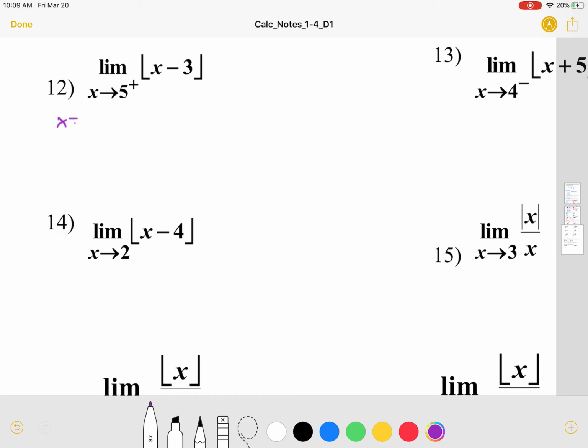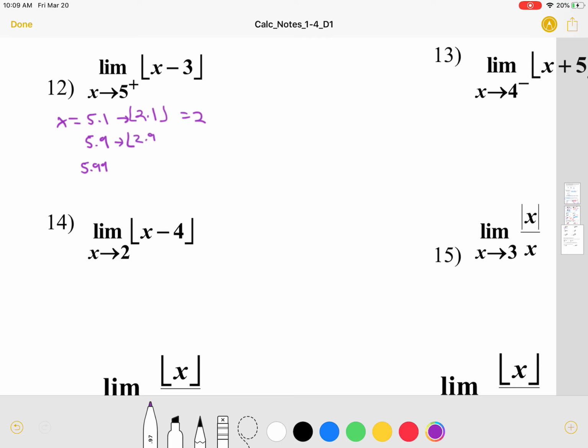Like I make a little table. If we have x equals 5.1, 5.9, 5.99, that means our limit would be 2.1, which equals 2.